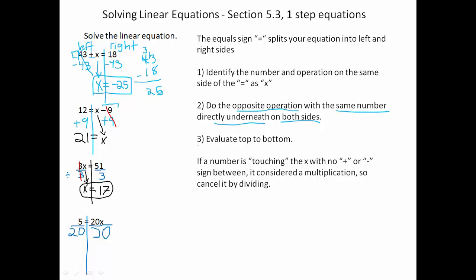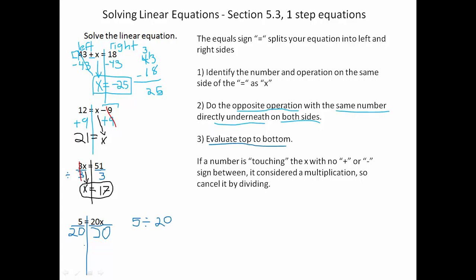Now, make sure that you evaluate top to bottom, as it says in step 3. That means when you're punching this into your calculator, it's going to be 5 divided by 20. If you're doing long division, you have to flip those around. But the long and short of it is 20 doesn't go into 5, at least not a whole number of times, so you won't get a whole number answer here. This isn't 20 divided by 5, it's 5 divided by 20.